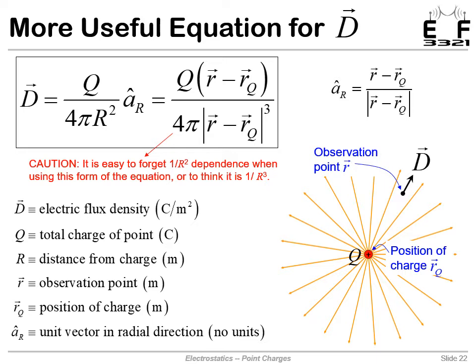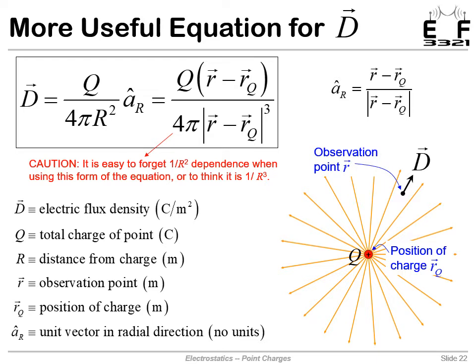So instead, we'll describe the position of our charge with vector r sub q. And then the position where we're making the observation is just r. That means our unit vector a_R is r minus r sub q, and then we divide it by the magnitude of itself to get a unit vector.